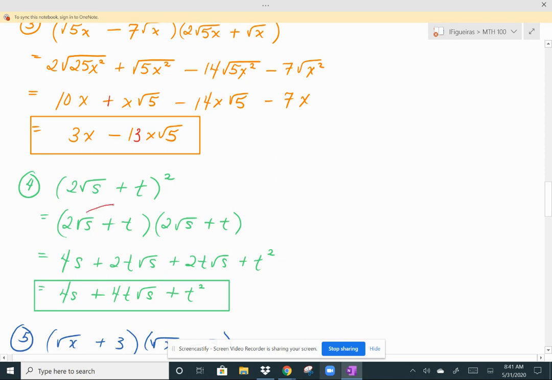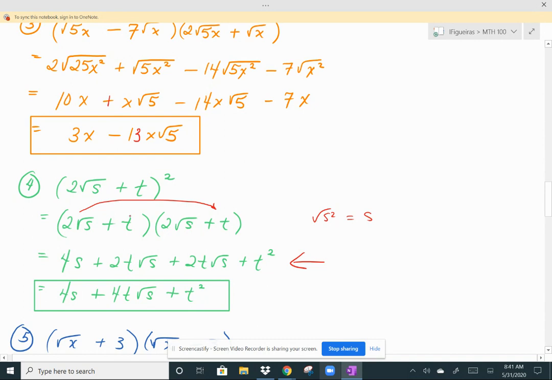First, 2 root s and 2 root s gives me 4s. Remember, root s and root s gives me root s squared, which is just s. So I skipped that step. I just wrote 4s in the third line. Outer, those are the ones that are furthest apart. The 2 and the t multiply, and then the root s comes along. So our second term is 2t root s.